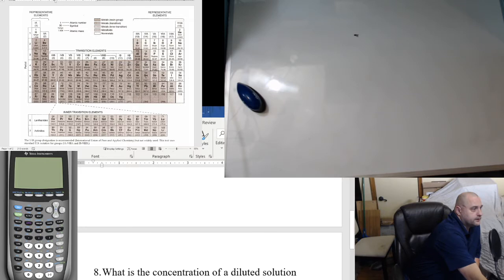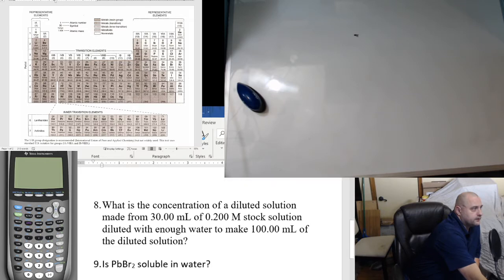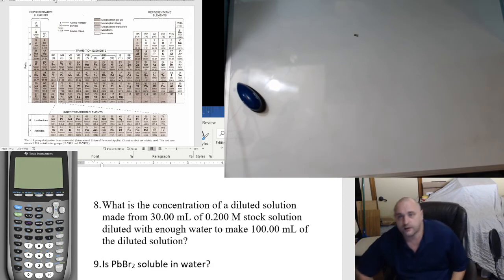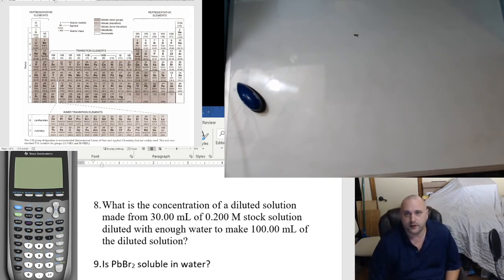So let's see, what's the next one here? What is the concentration of a diluted solution made from 30 milliliters of a 0.2 molar stock solution diluted with enough water to make 100 milliliters of the diluted solution?